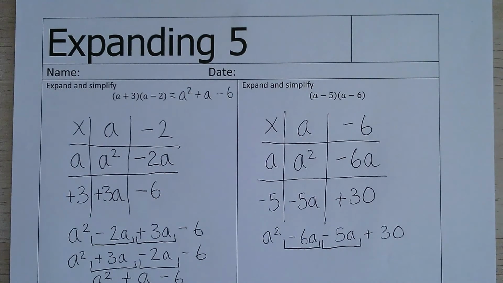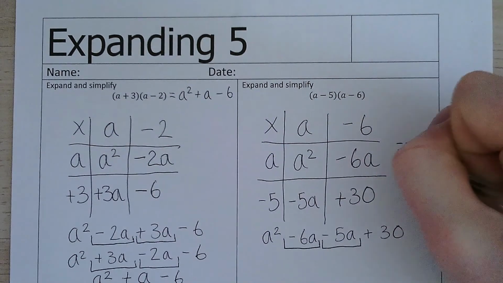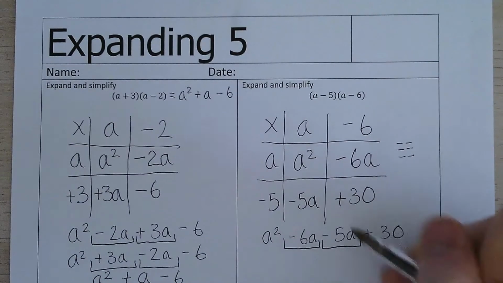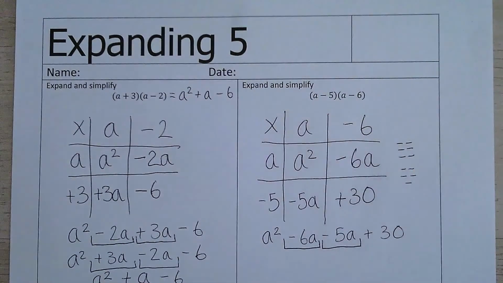So now we simplify minus 6a minus 5a. If I draw counters, I would have minus 6 counters and I would have minus 5 counters as well. None of these counters are going to cancel each other out because there's no positive counters to cancel out the negative counters.